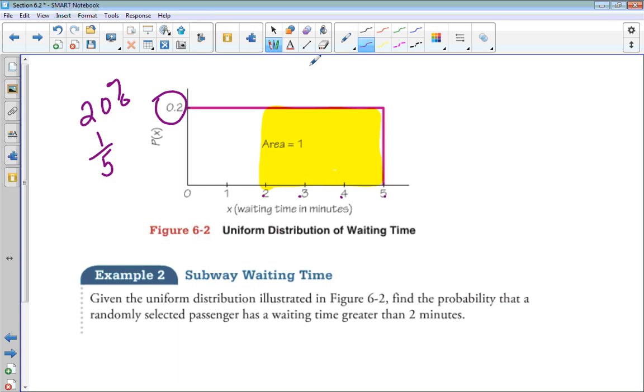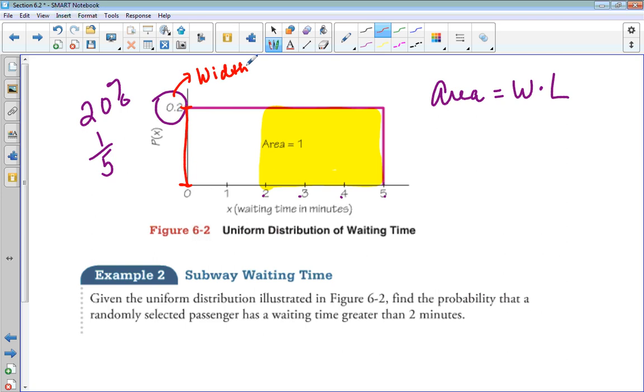Well, let's think about this. We also know that to find the area of a rectangle, the area is equal to the width times the length. We know that from elementary school. So we've got to put some idea of what's going on here. Well, we know that the distance from here to here, we are given that to be 0.2. That's also now going to be the width of my rectangle.